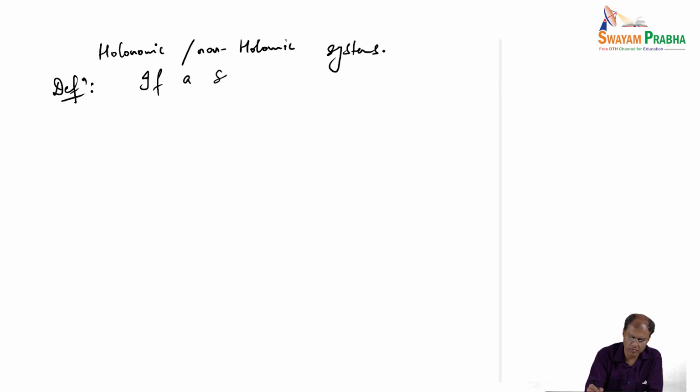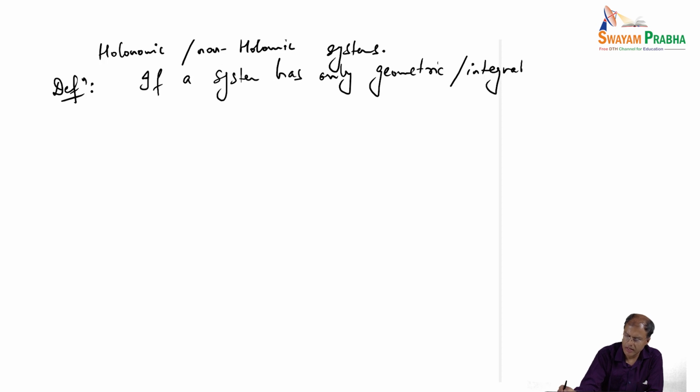So if a system has only geometric or integrable kinematic constraints, it is said to be holonomic.